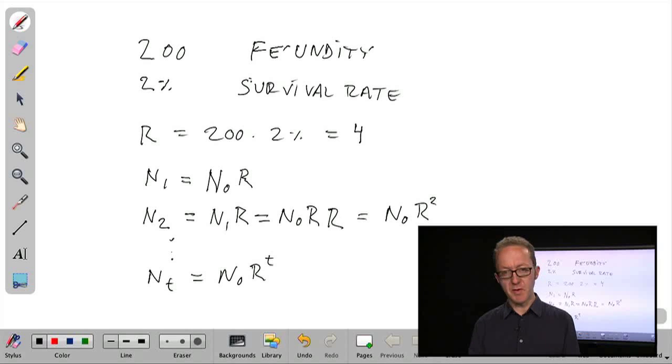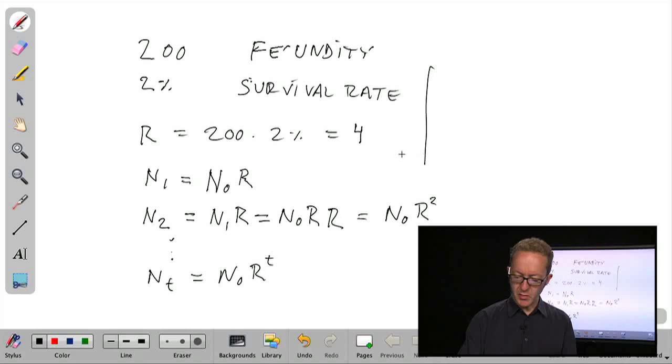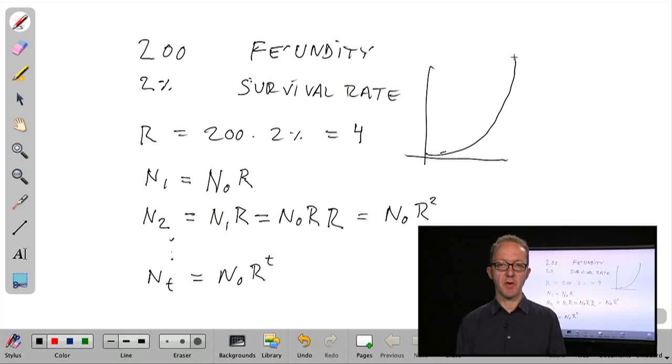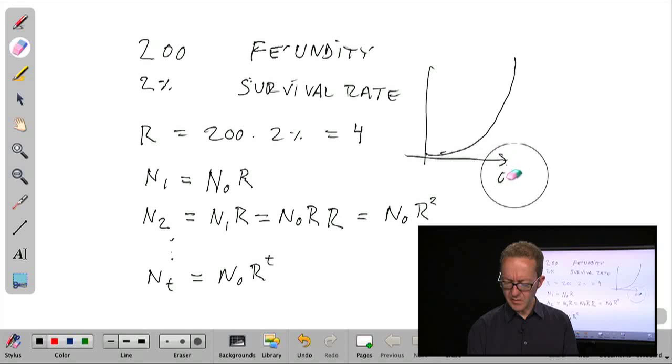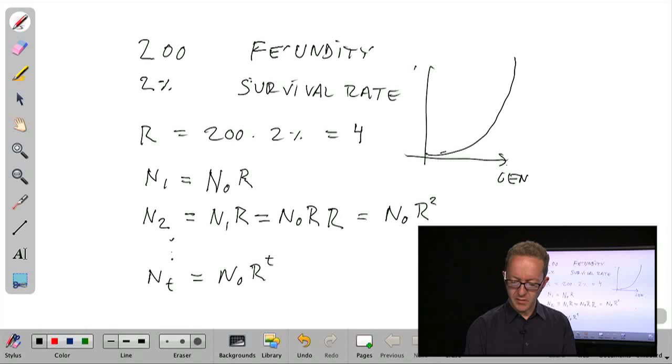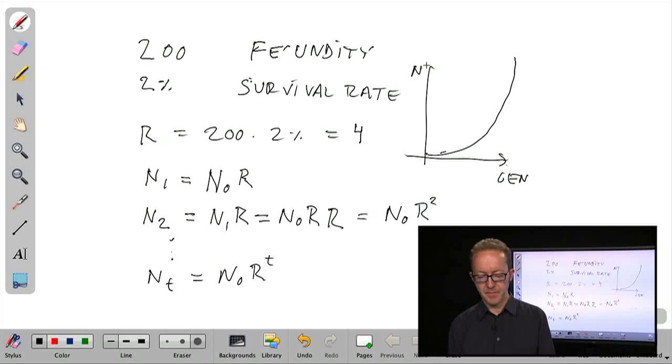This sort of relationship is called exponential growth, and you all know how this looks. It's a steeply increasing curve, a bit like this, if we have generations on the x-axis and population size on the y-axis there.